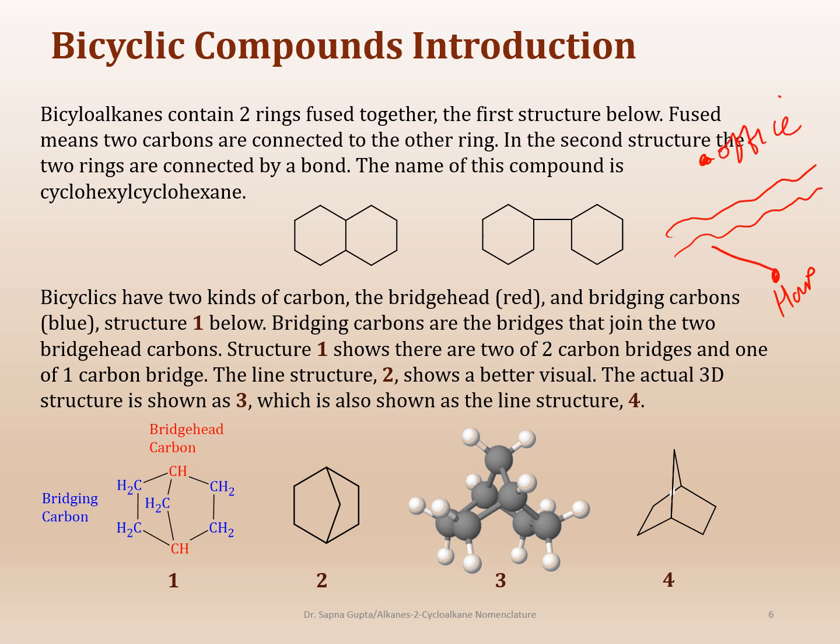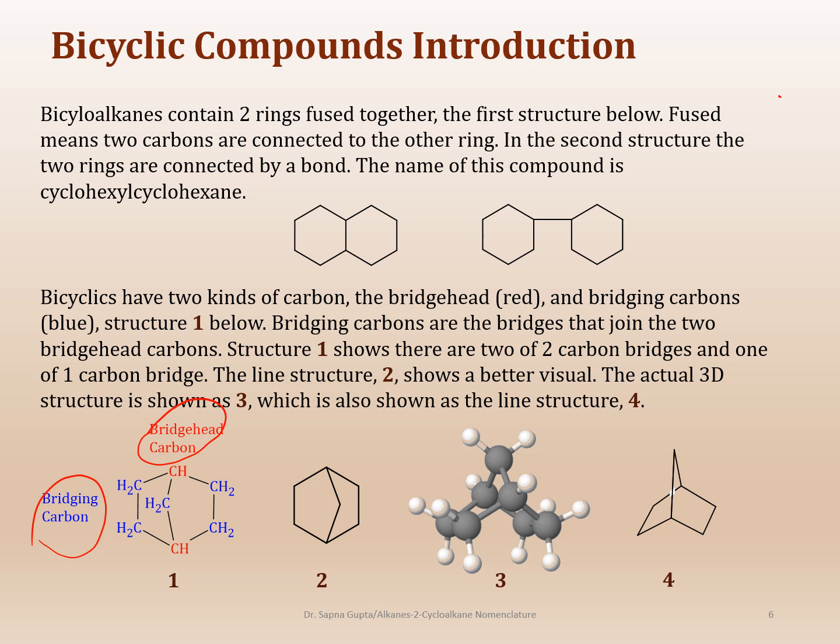And there are three ways for you to go. These are the bridges for you to go from point A to point B. So that office and your home are the bridgehead carbons, and the bridges are the bridging carbons. That's how we identify these two different carbons.